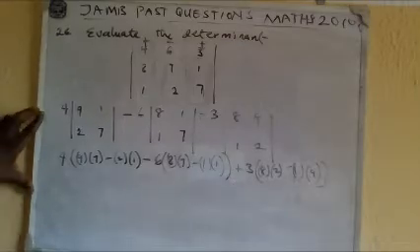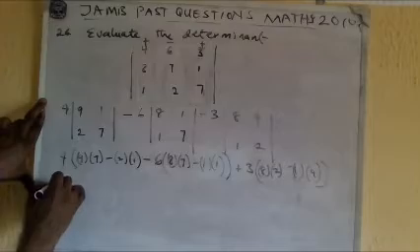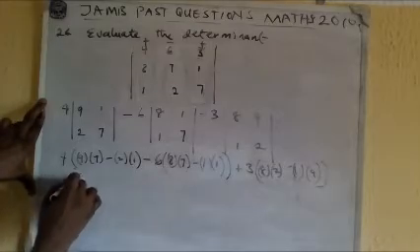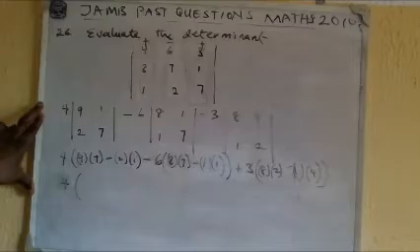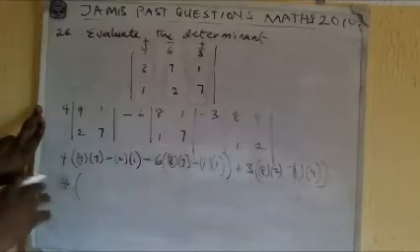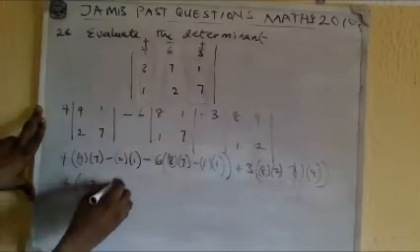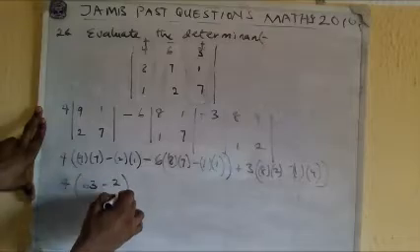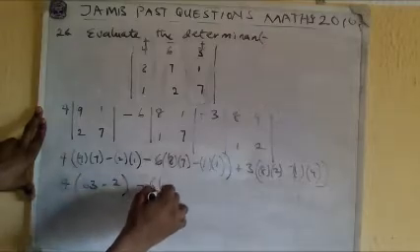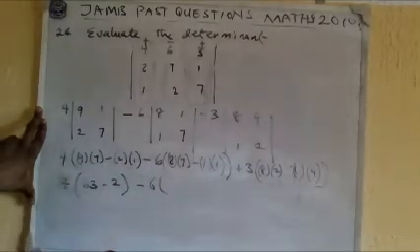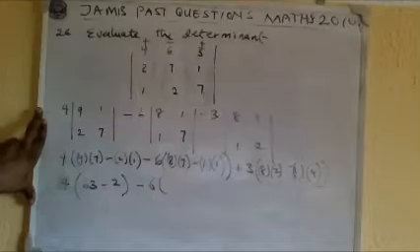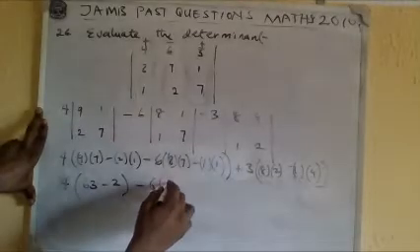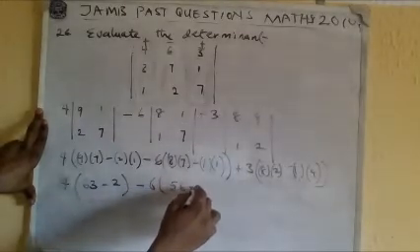So 4 is outside still. 9 times 7, or 7 times 9, is 63, minus 2. That's for the first one. Then minus 6: 8 times 7 is 56, minus 1.